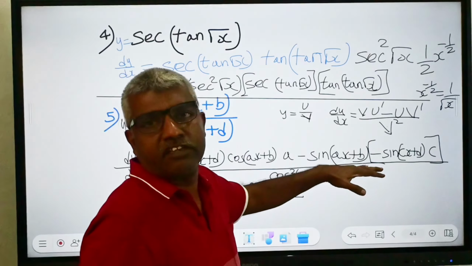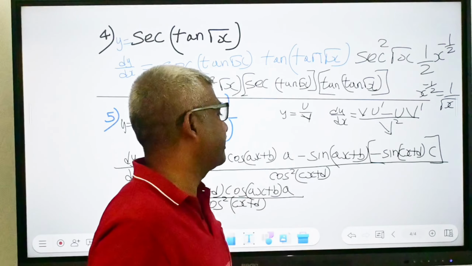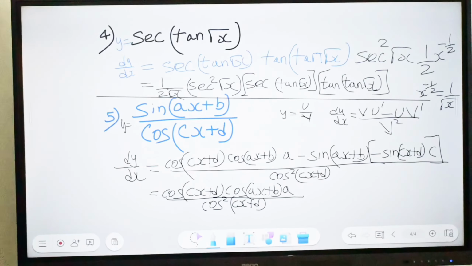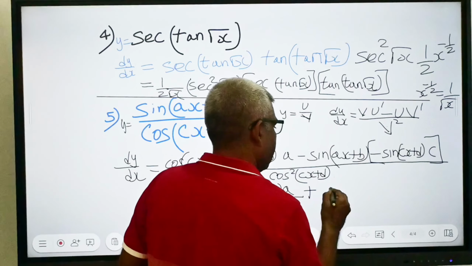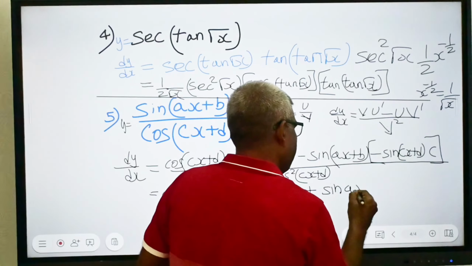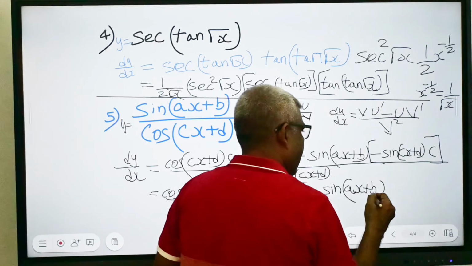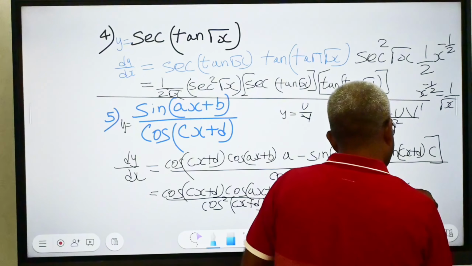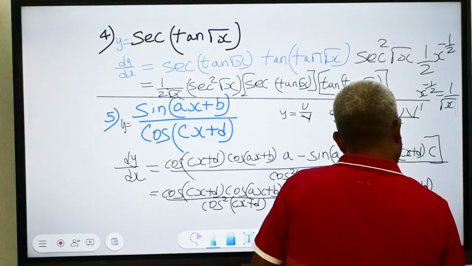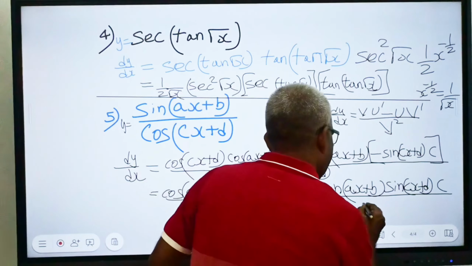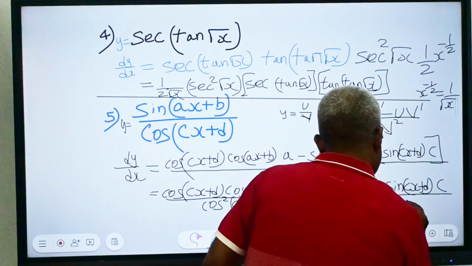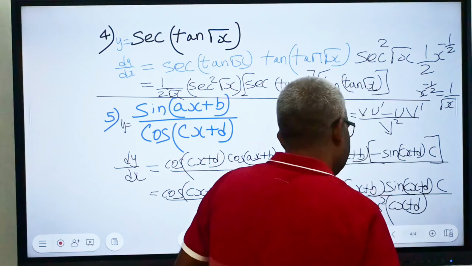This cos squared cx plus d is for both the parts. Then this minus will be plus. Sin ax plus b, sin cx plus d times c over cos squared cx plus d.